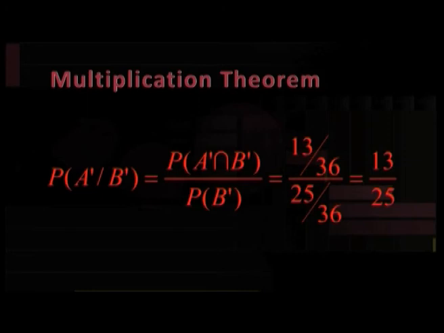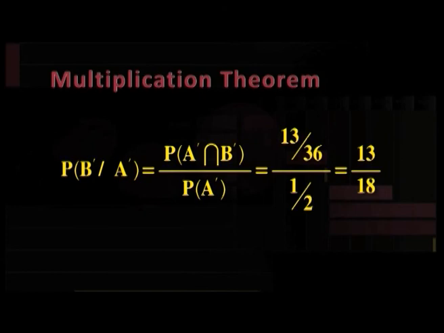For the third case, we have the probability of A complement given B complement, which is equal to the probability of A complement intersection B complement divided by probability of B complement, which is equal to 13 by 36 divided by 25 by 36, which is equal to 13 by 25.